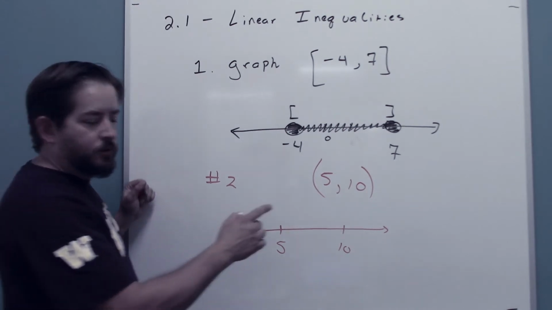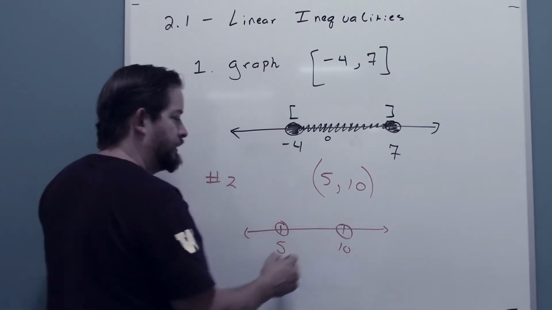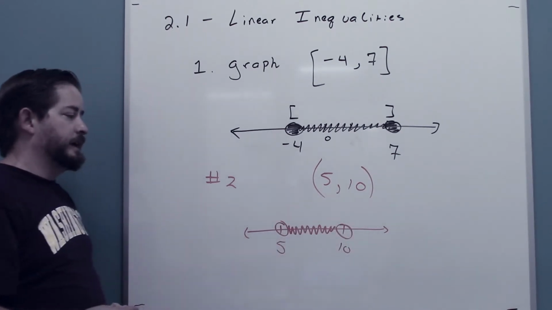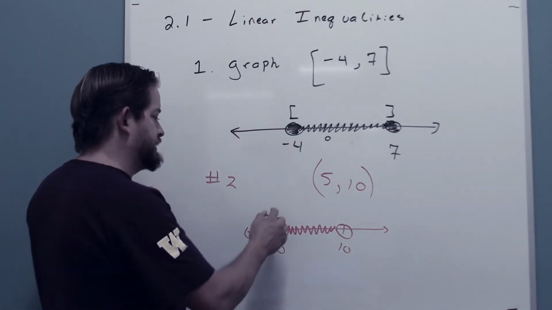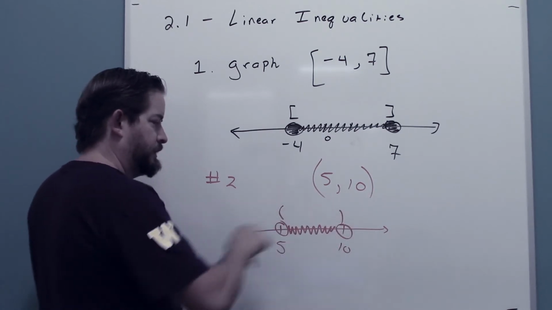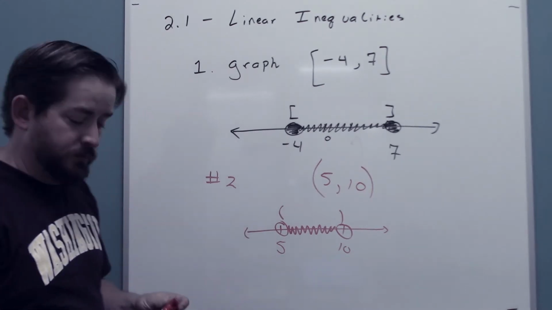Right? There are parentheses on both of these, so it would be an open circle on both and then a shade in between. Right? And that's 5 to 10. And again, in some of the books you'll see, instead of open circles here, just the parentheses and then the numbers between. But that's 1 and 2.